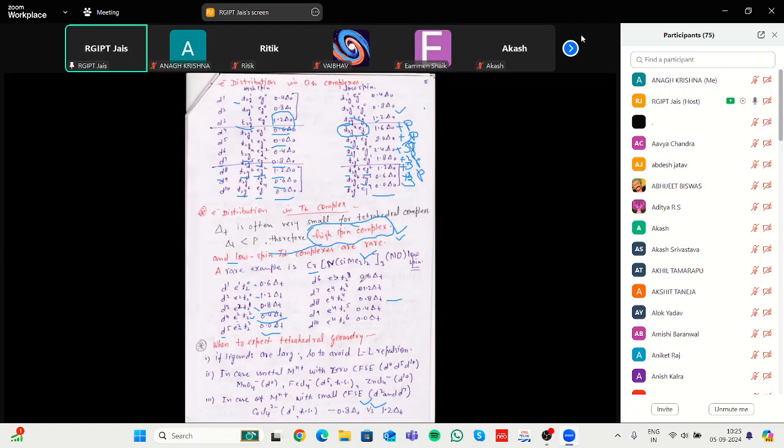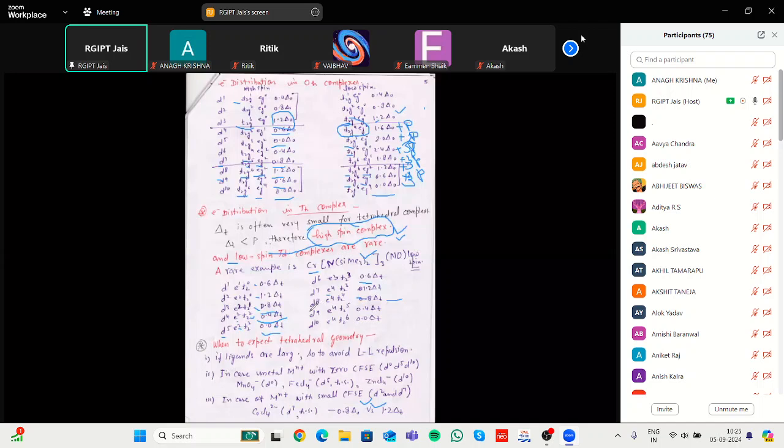That is total 0.6 Δt. In case of a d7, it is 4 and 3, means 4 into 0.6, 3 into 0.4. That is total 1.2 Δt.